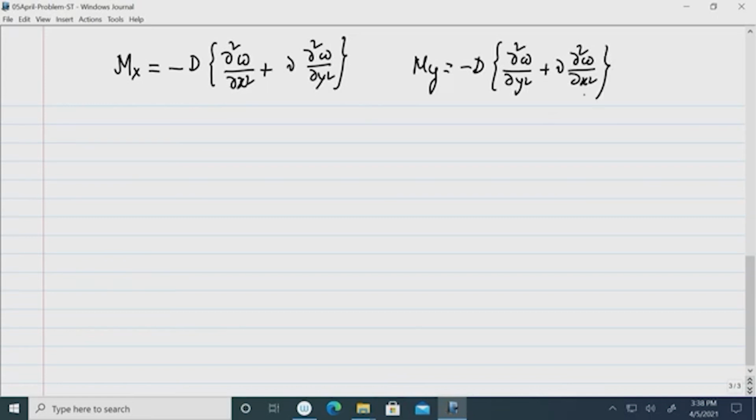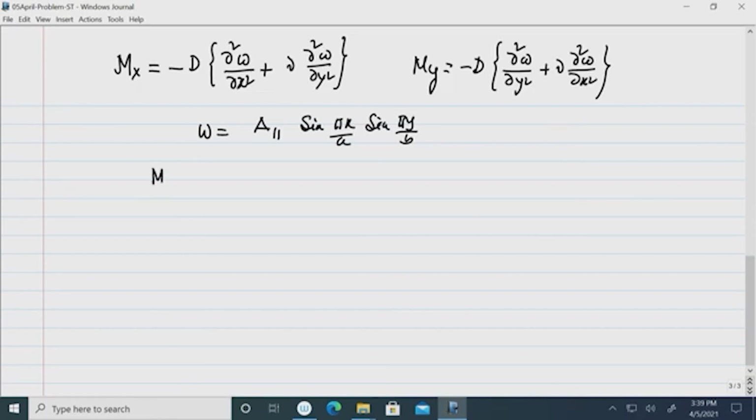Now, since the expression for w is known, w is A11 that we have found, and sin pi x by a sin pi y by b, we can calculate this quantity without any difficulty, because in that case you have to substitute the second derivative of this expression.